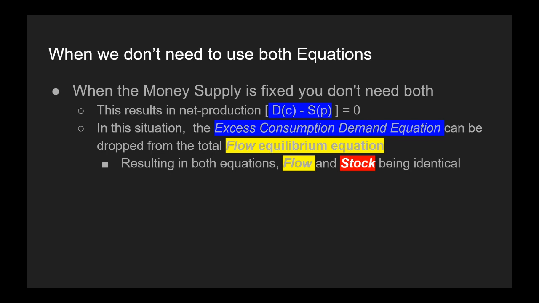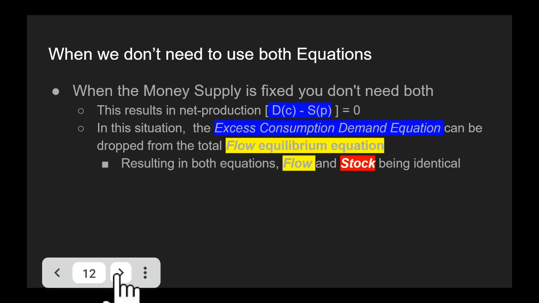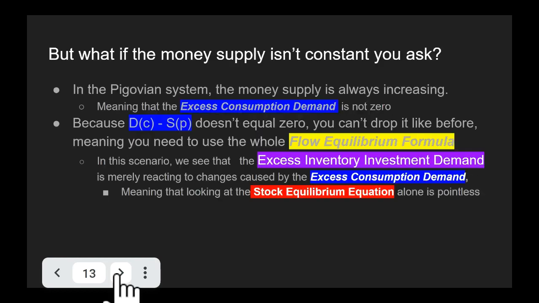If we can then drop that because it's worth 0 from the flow equilibrium equation, we're only left with the second part of the flow equation, which is identical to the only part in the stock equation, meaning that both the flow equilibrium equation and the stock equilibrium equation are identical, they're the same. So when the money supply is fixed, you only need the stock equilibrium equation.